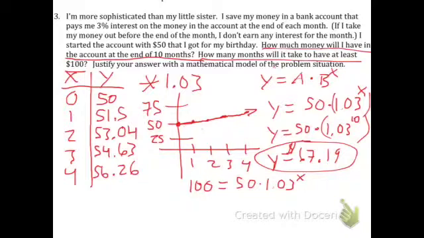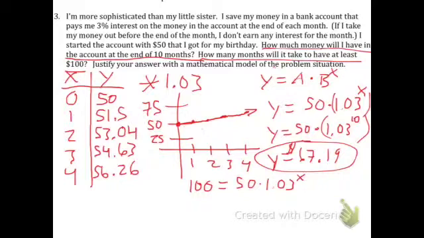And so what I recommend doing is guessing. So after 10 months we got this much, and that's not quite enough. That's an increase of $17. So let's try perhaps like 30 months.